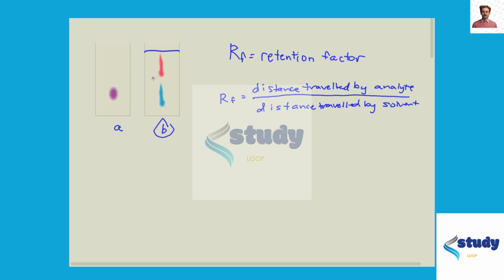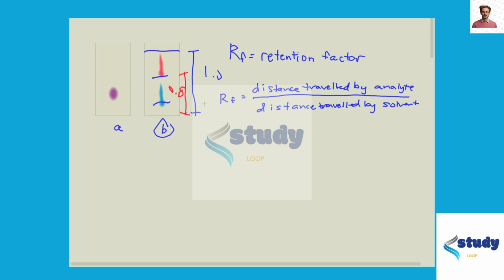We have our analyte distances here. So the distance traveled by the solvent is this entire length. Let's just say that's 1.0. And then the distance traveled by the analyte is this length, and let's say that's 0.8.